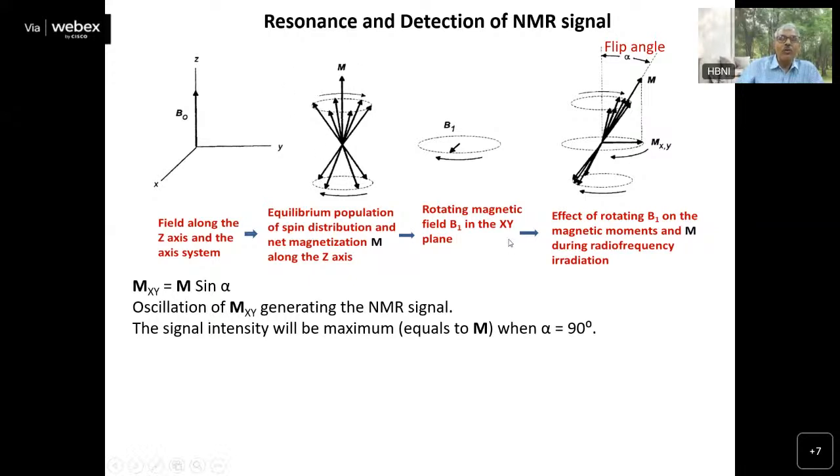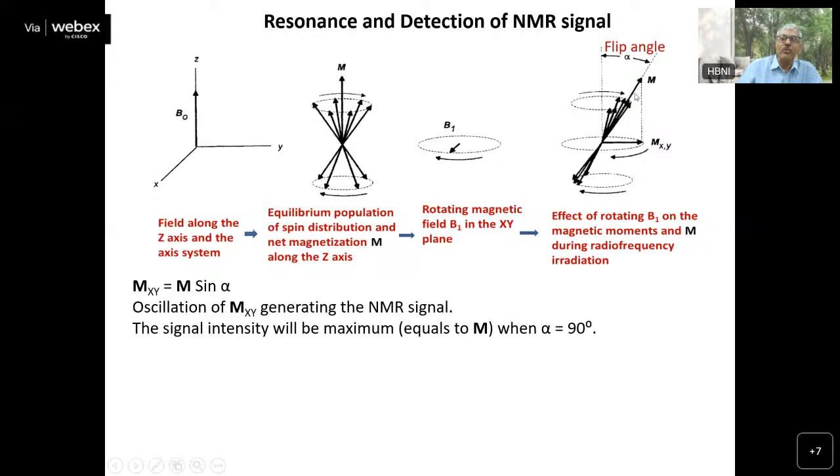And then if you put a rotating magnetic field B1 in the XY plane, rotating at the precessional frequency of the nuclei, with a magnitude of B1, the individual magnetic moments will sense this and try to undergo phase coherence and bunch up.